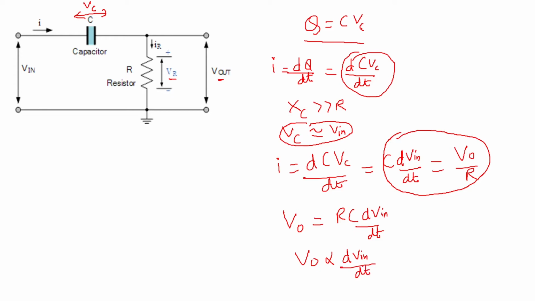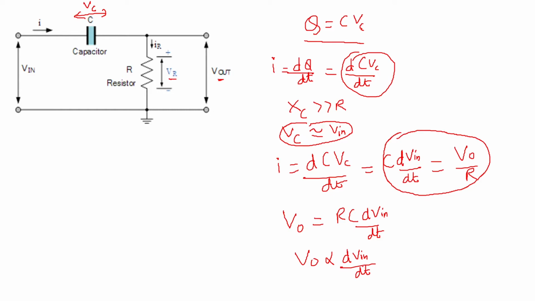If you do dVin/dt, the rate of change of Vin with respect to t, that will be your output voltage, and therefore this shows that the output voltage is the mathematical differentiation of the input.